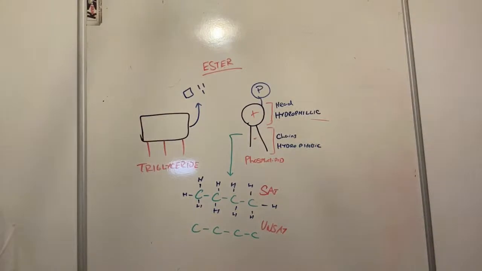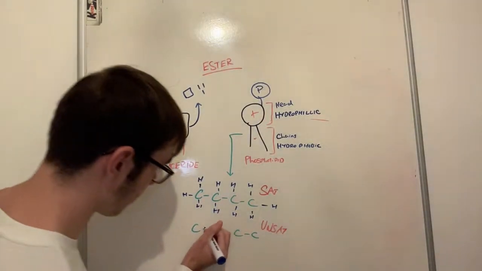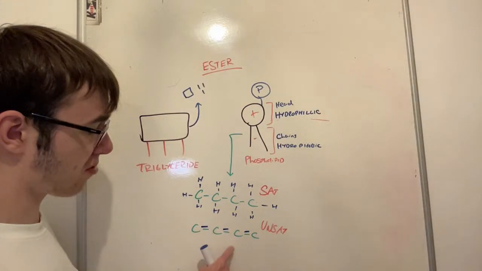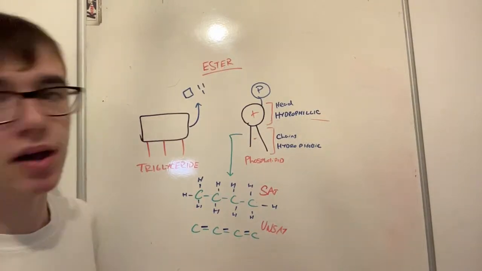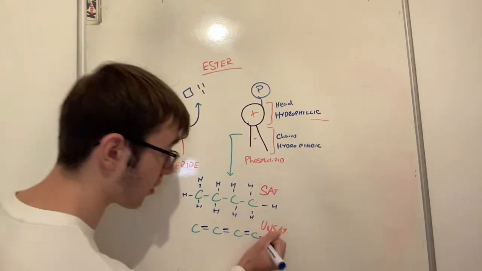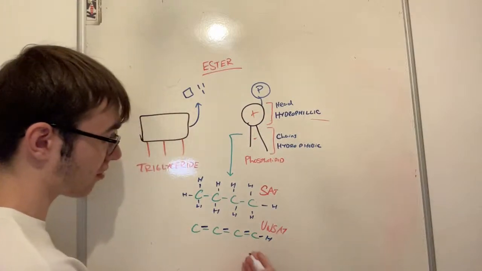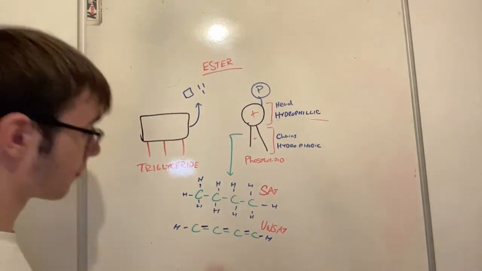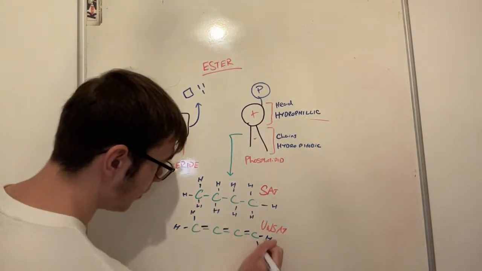Cool. Meanwhile, unsaturated have double bonds. So that carbon is bonded 4 times. It can't have another bond with hydrogen. This one can, because it's only bonded there. And that one can, yeah. But the others can't.